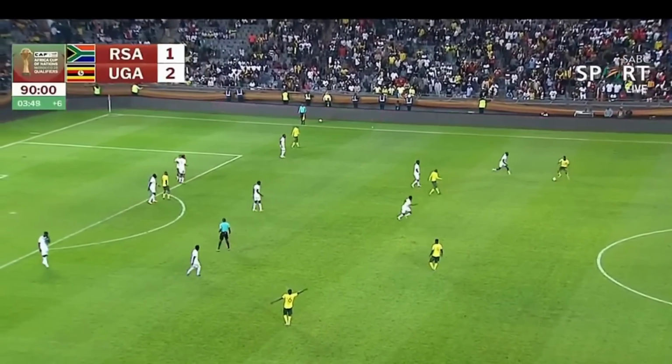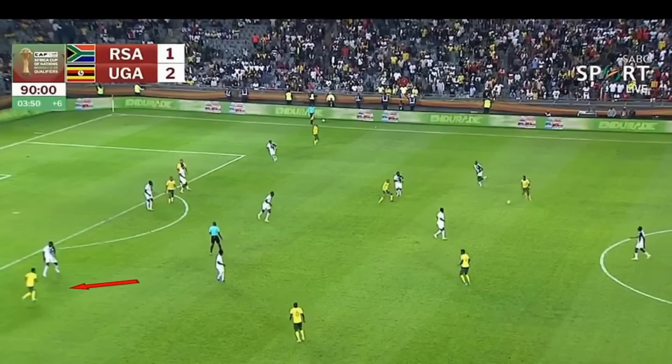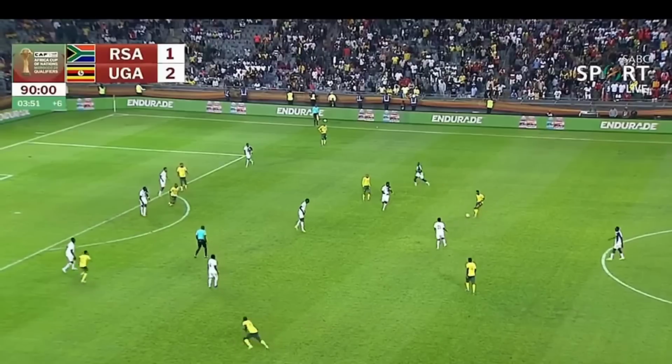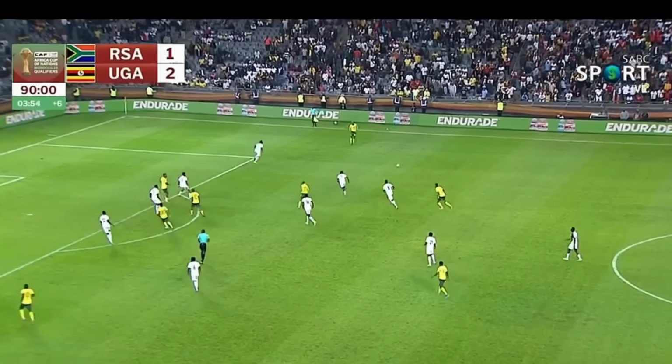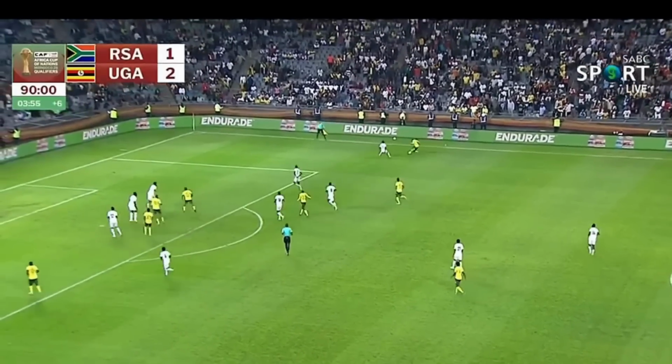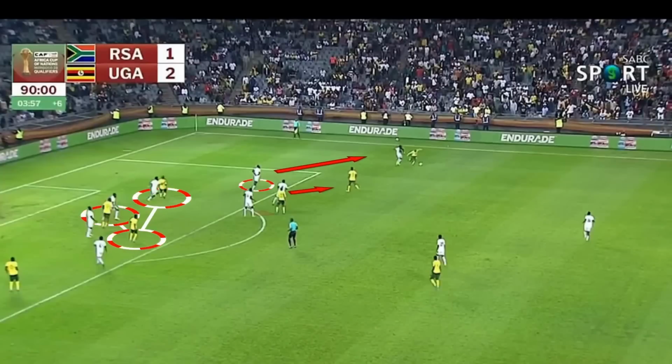Because after that, Mofokeng realizes, hey, I must also do the same. So he also runs toward the middle. What is the point? Look at Motiba, he is now free to run into that space. And that number 4 I just highlighted is oblivious of what is happening because he's just ball watching. And everyone in that box is now occupied.